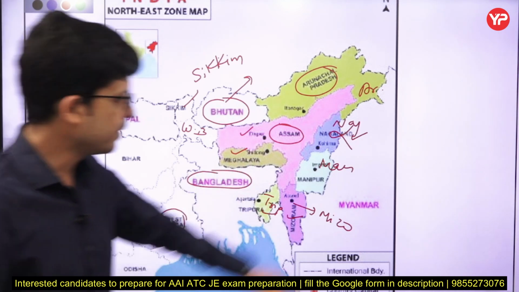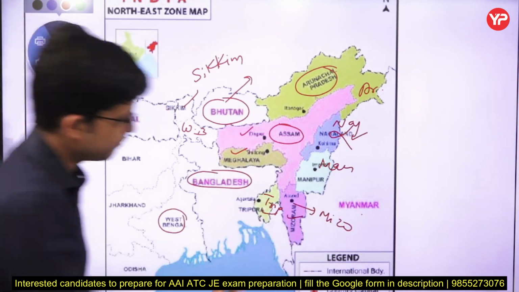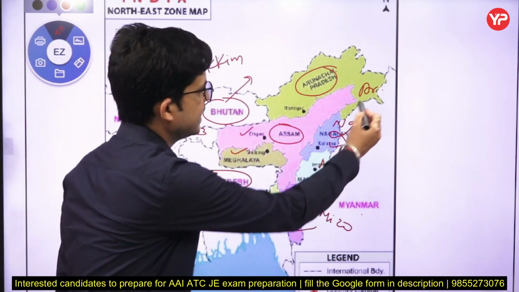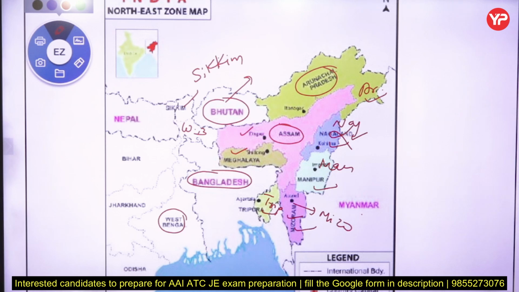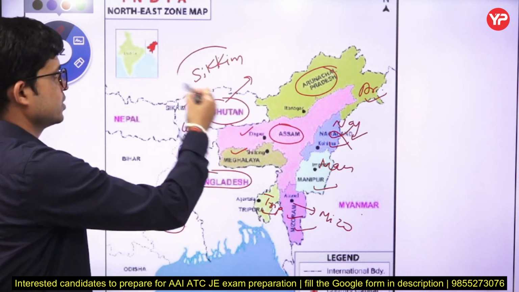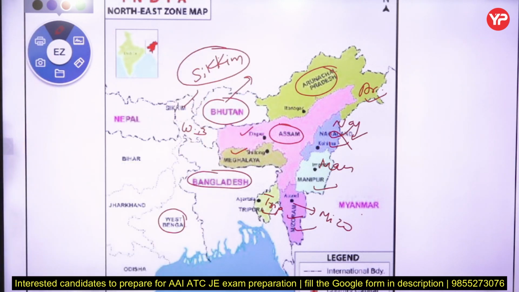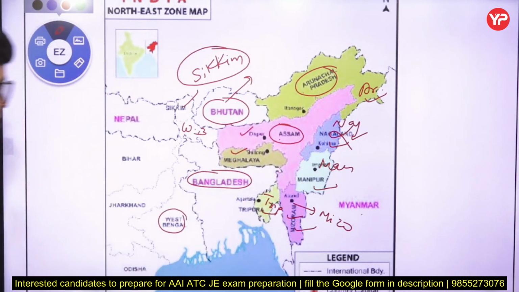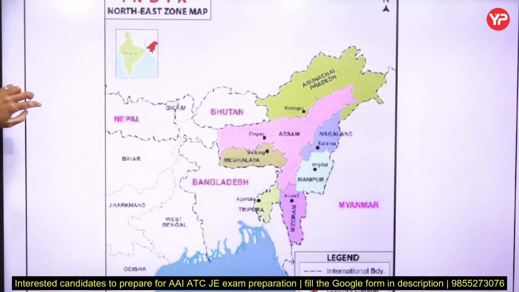And next is Myanmar. Myanmar is making a border with Mizoram, Manipur, Nagaland and Arunachal Pradesh. Similarly Bhutan, the question is related to Bhutan. Bhutan is making a border with Sikkim, West Bengal, Assam and Arunachal Pradesh. Okay. So let's move to the next question.